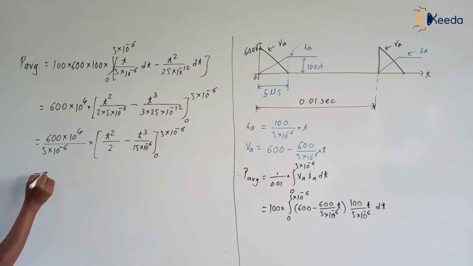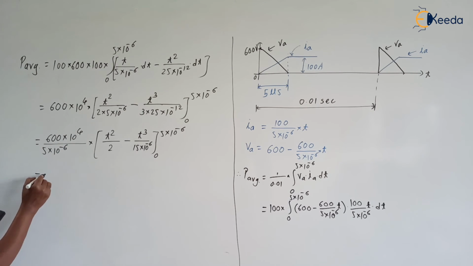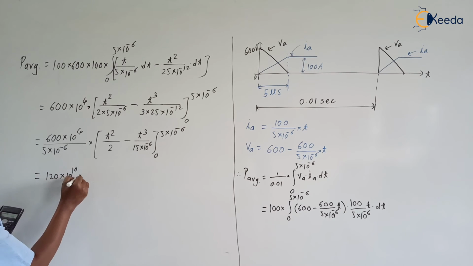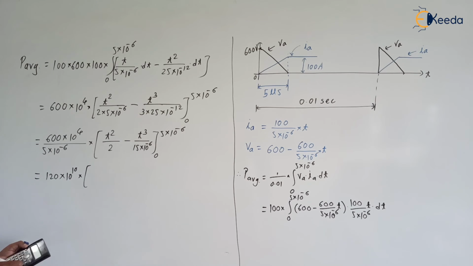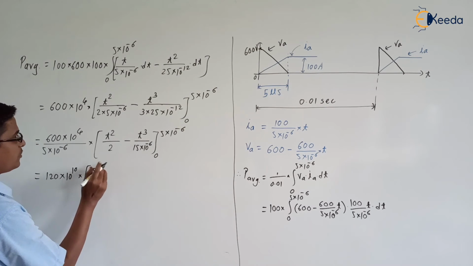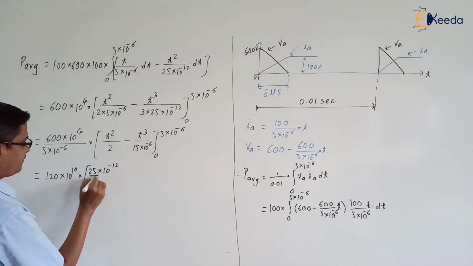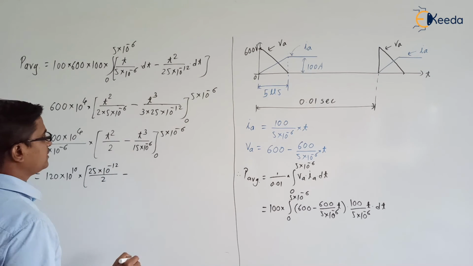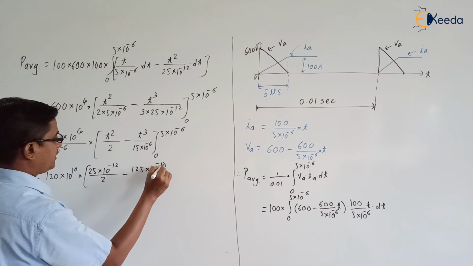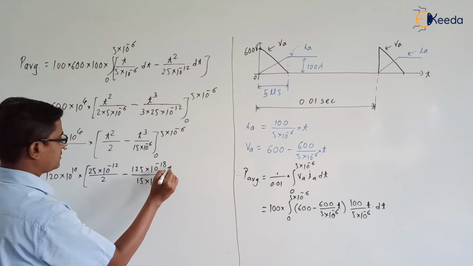So 600 upon this term we can write as 120 into 10 to the power 10, into t square by 2, which is 5 into 10 to the power minus 6 square, so 25 into 10 to the power minus 12 divided by 2, minus t cube, so t cube is 125 into 10 to the power minus 18 divided by 15 into 10 to the power minus 6.